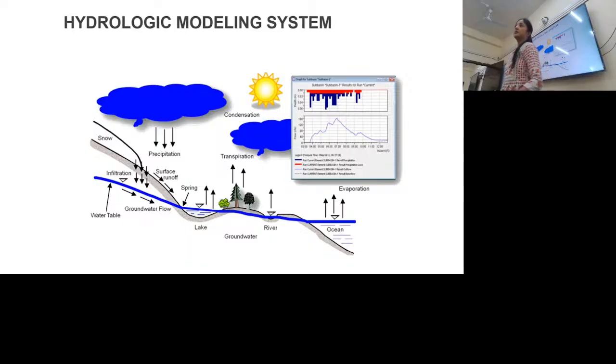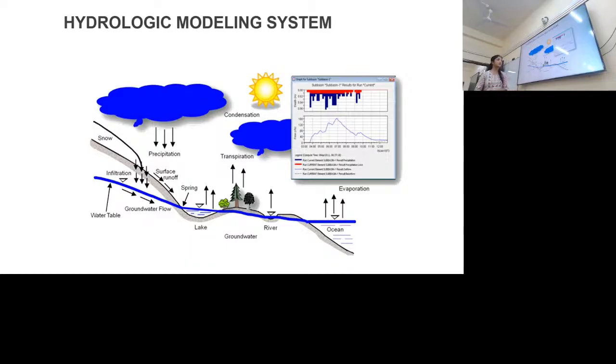Then the Hydrologic Modeling System, this is HMS, which we will be using in our practical session. This is again your hydrologic cycle, and what HMS does is it provides different models or different methods for each of the components, and we'll be using that in our model.